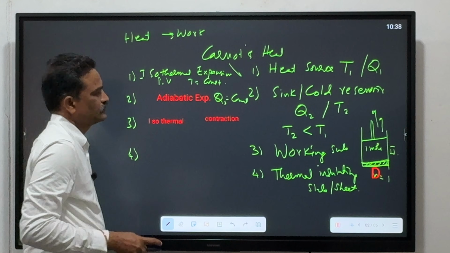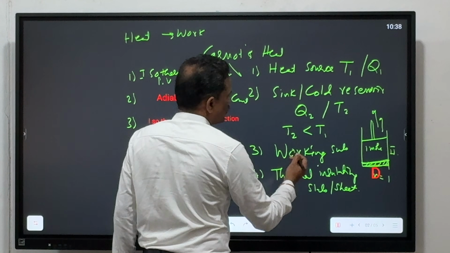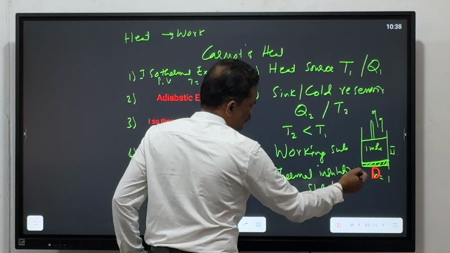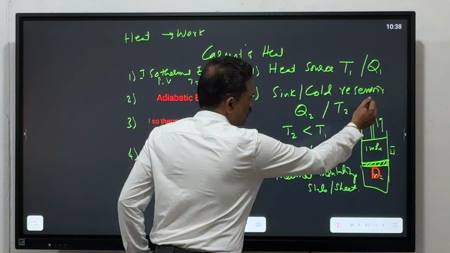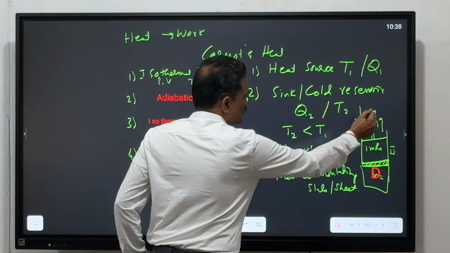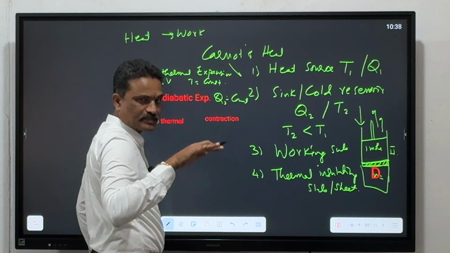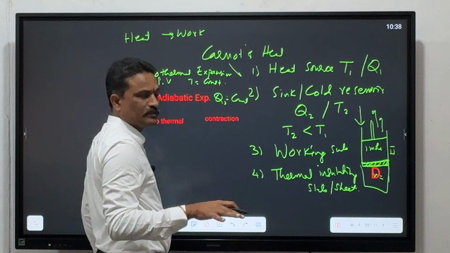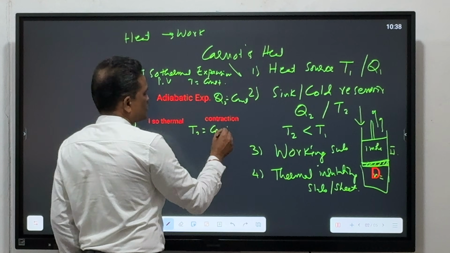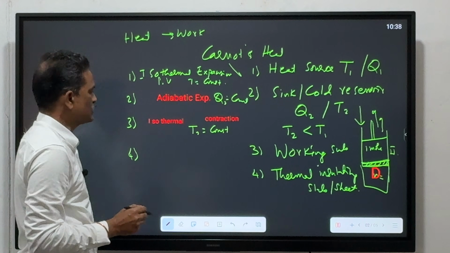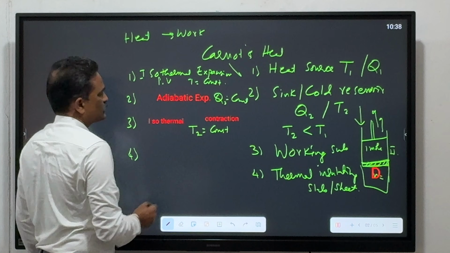Isothermal contraction. Now, I place it on the sink. I remove this thermal slab and I place the sink, and slowly compress the piston. I am compressing the gas very slowly so that its temperature remains constant. T2 is constant. In isothermal processes, temperatures are constant.